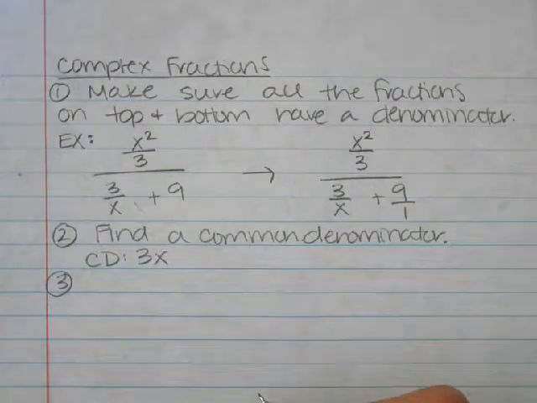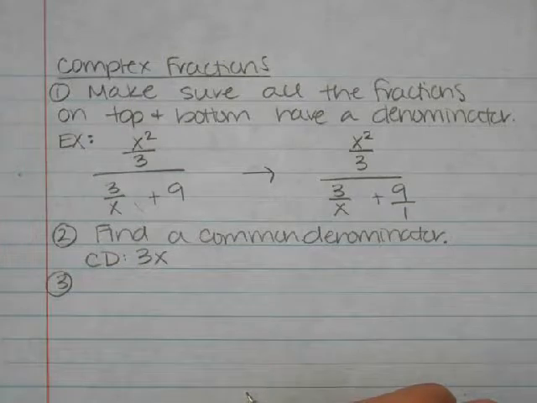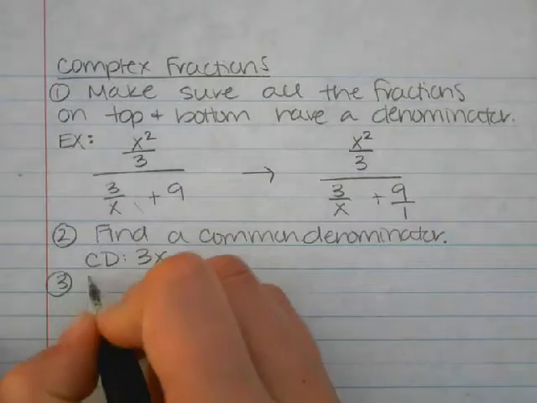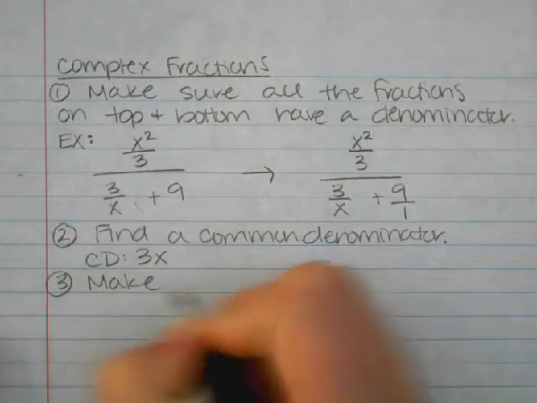So now that we know what the common denominator is, what should we do? We don't have it yet, though. Distribute everything, or multiply the other fractions. Yeah, so make sure that all fractions have the common denominator.